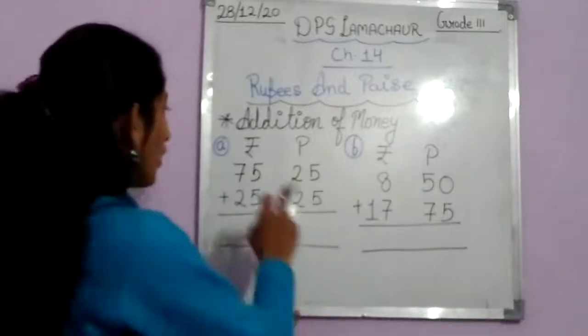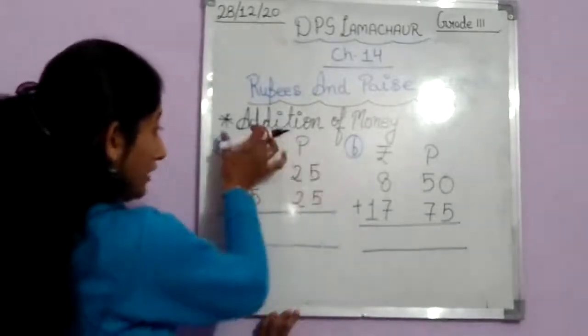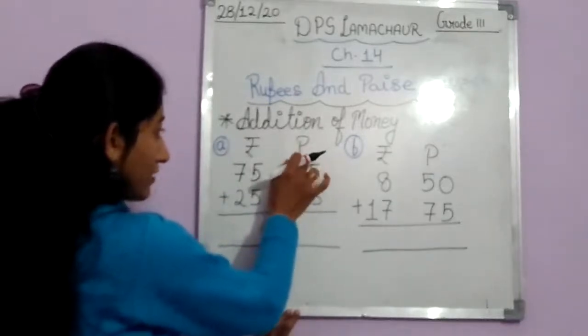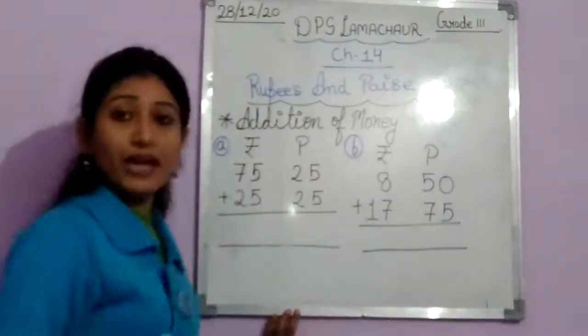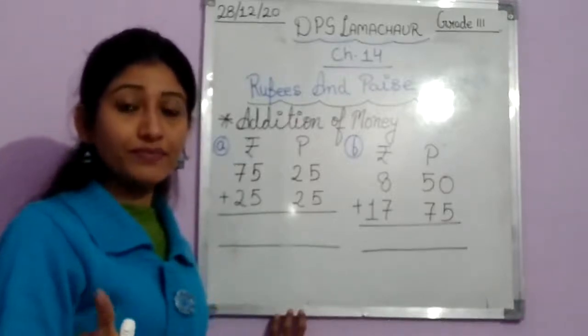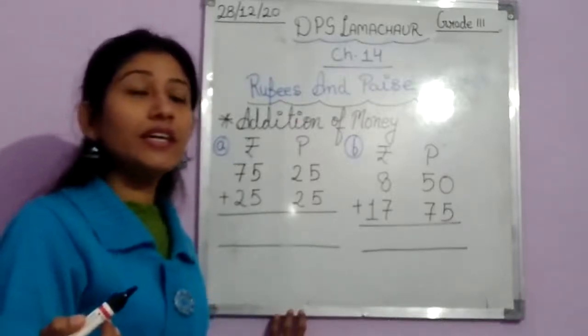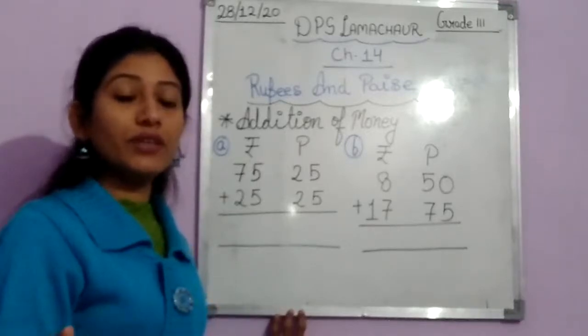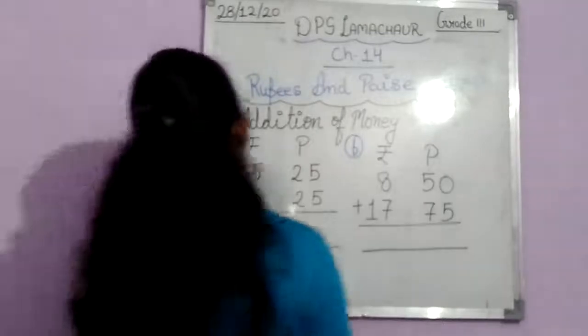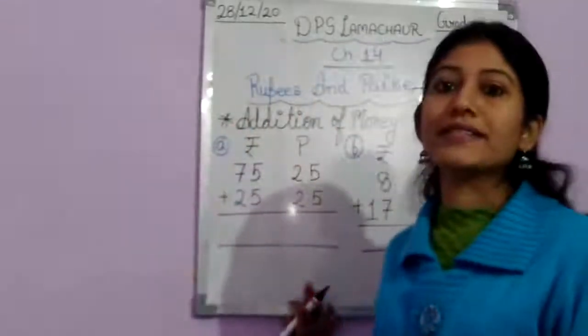Because we have already drawn columns here. This is the paisa column, this is the rupee column, as we have done in centimeters and meters, and kilogram and gram. In the same way we are doing here.